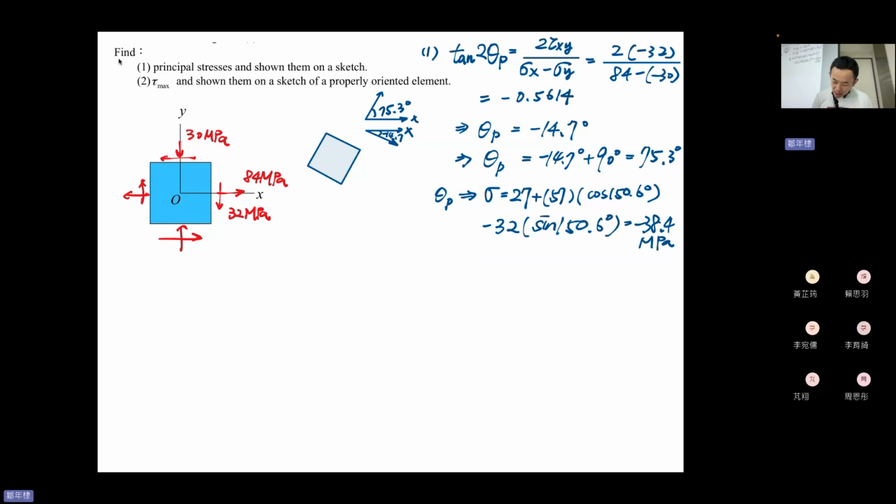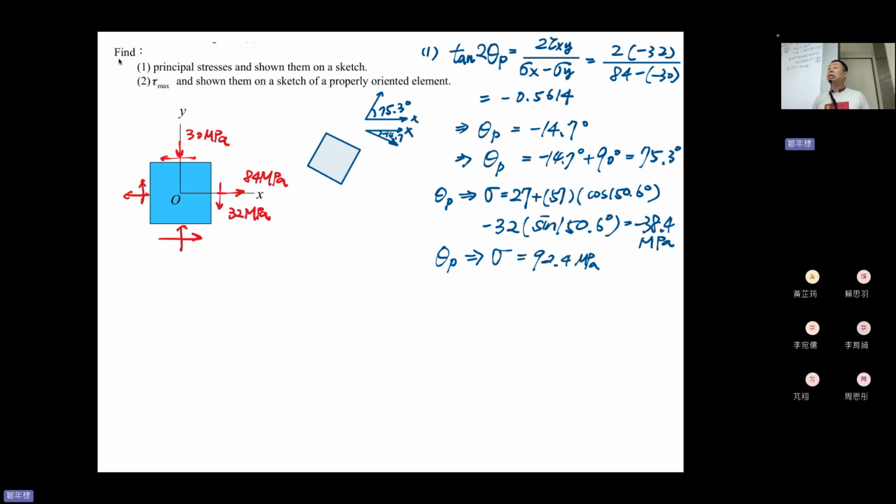And the other we can get sigma equal to 92.4 MPa.